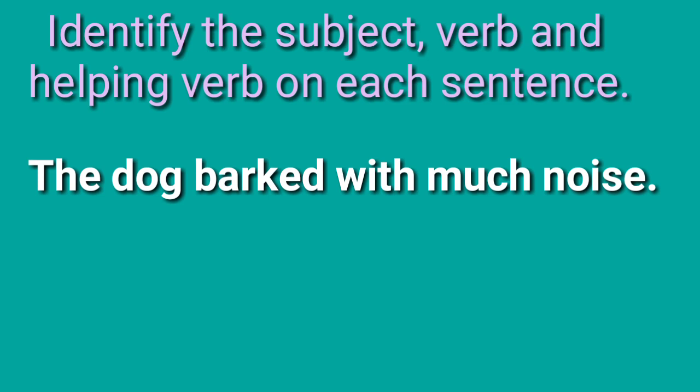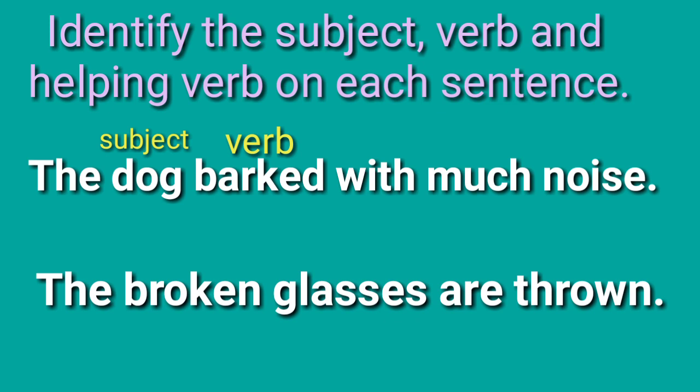Our subject, dog, barked is a verb. With much noise is a phrase that modifies our verb barked and answers the question how the dog barked with much noise. The broken glasses are thrown.